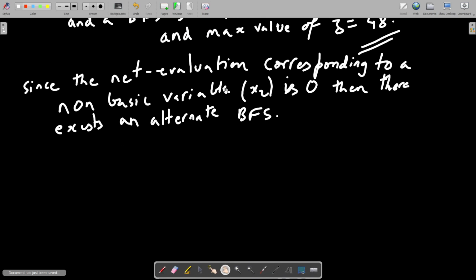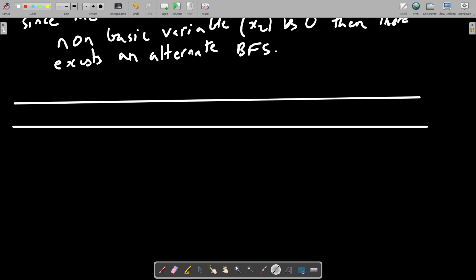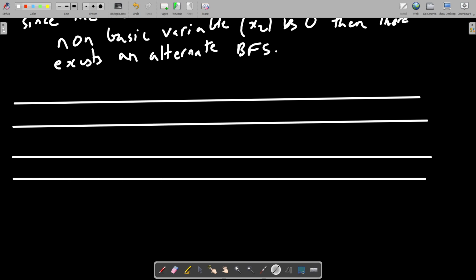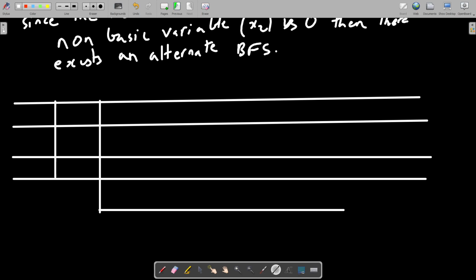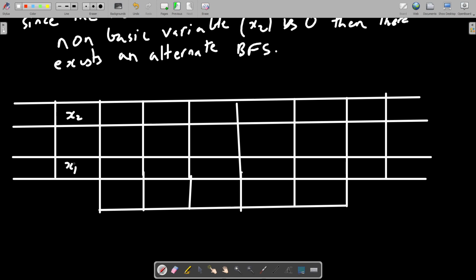Okay, so let me draw the table. Here the variable is x2, here the variable is x1, here that is s3.